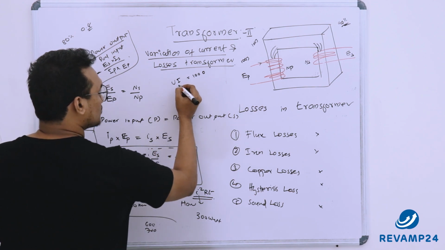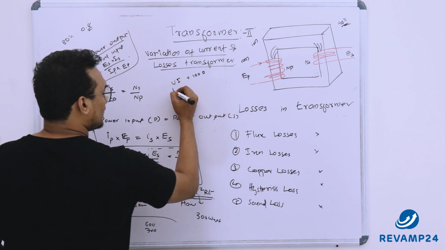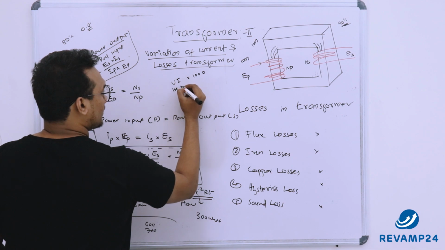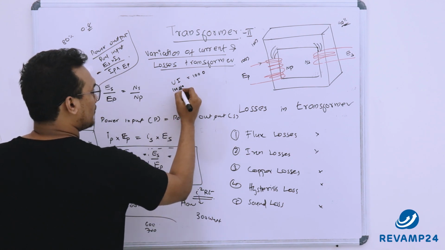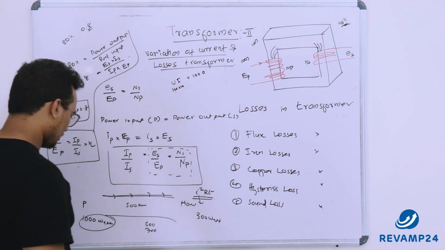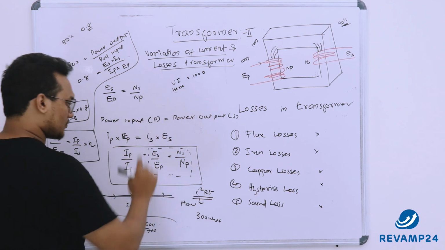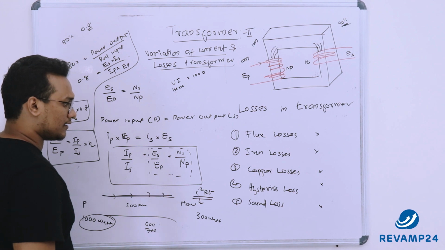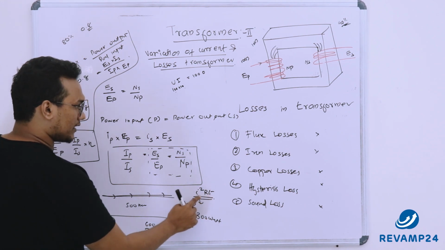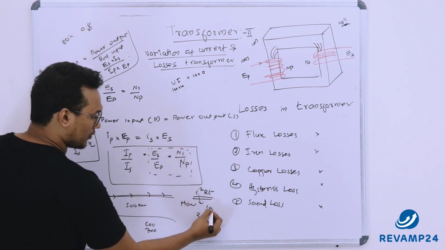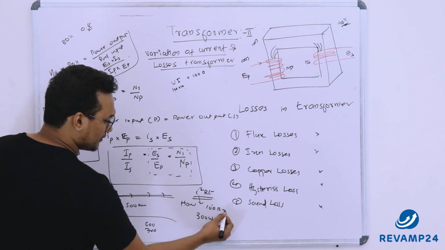I can choose voltage as 100 and current as 10, and that will become 100 into 10, 1000, as the power transmitted. Now the power loss would be I square RT, and that would be 10 square, that is 100 RT.